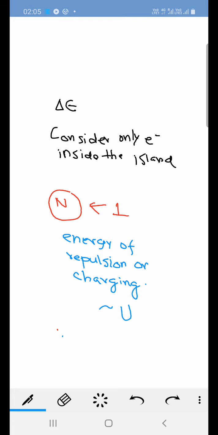So naturally, if we add one electron, it becomes n plus 1 electrons, and the difference between the lowest energy in these two states is equal to U plus delta epsilon.